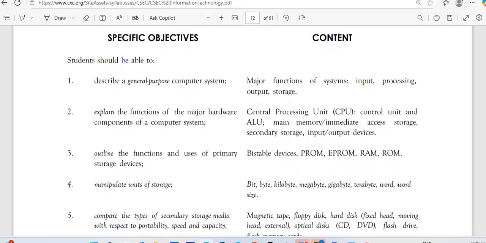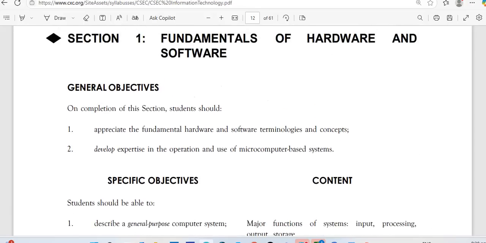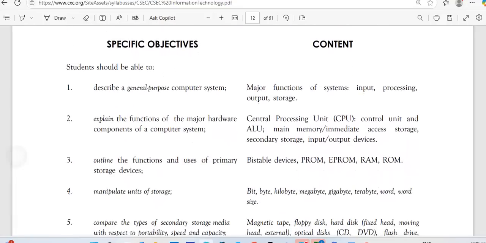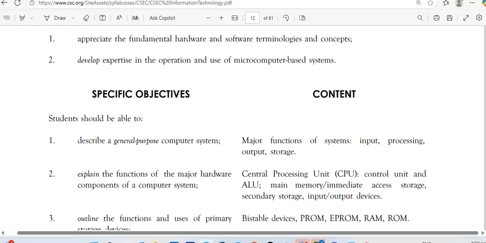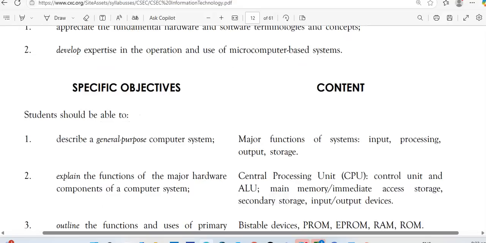So the first thing we're going to look at under the topic fundamentals of hardware and software is to describe what a general purpose computer system is. A general purpose computer system is designed to perform a wide range of tasks. On it, you can do everything from simple calculations to complex operations.